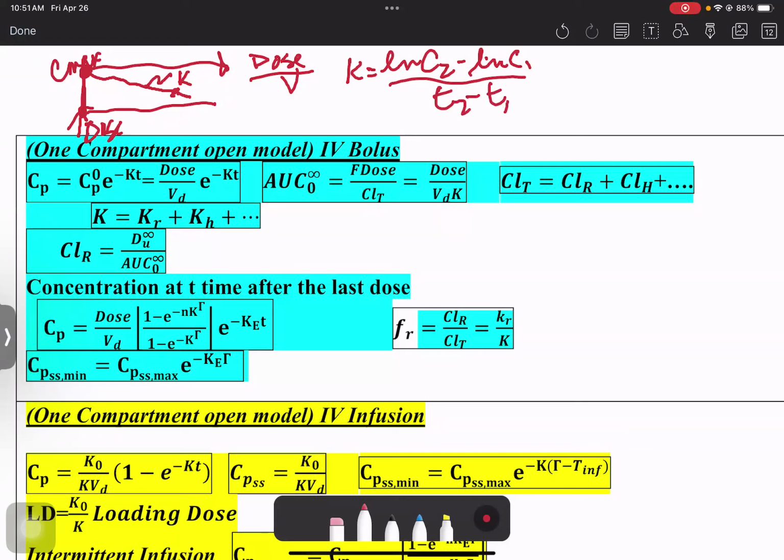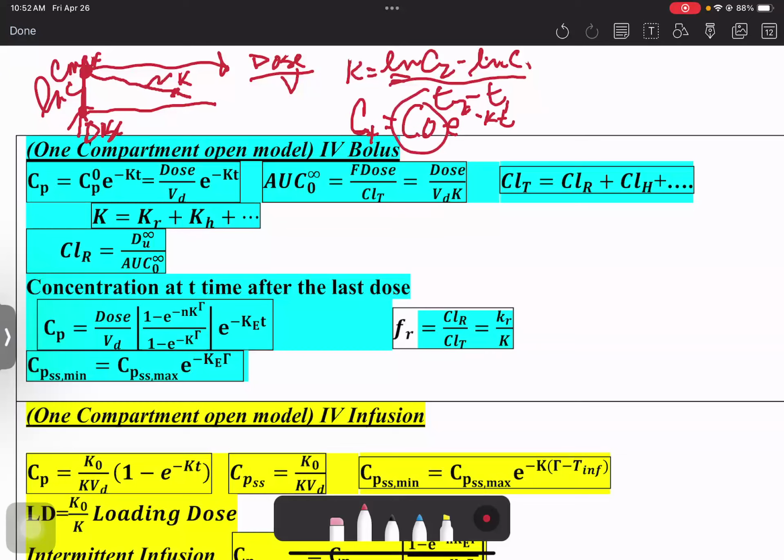So rise, change in concentration, you have to consider this as a log concentration if it's a straight line, over the change in time. And if we actually rearrange this equation, we get the equation that we use all the time, which is basically a one compartment falling phase equation that compares two concentrations.